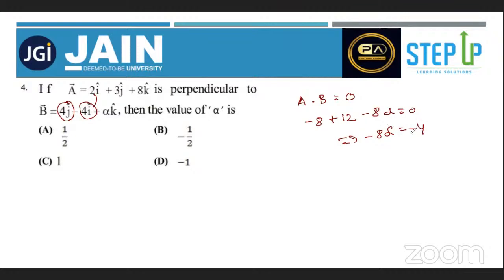So it will go to this side, alpha. This is plus, right? Plus 8 alpha. So alpha is minus 1/2. Correct.